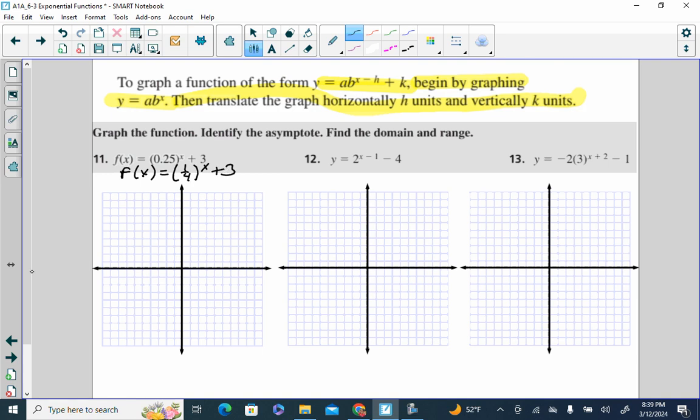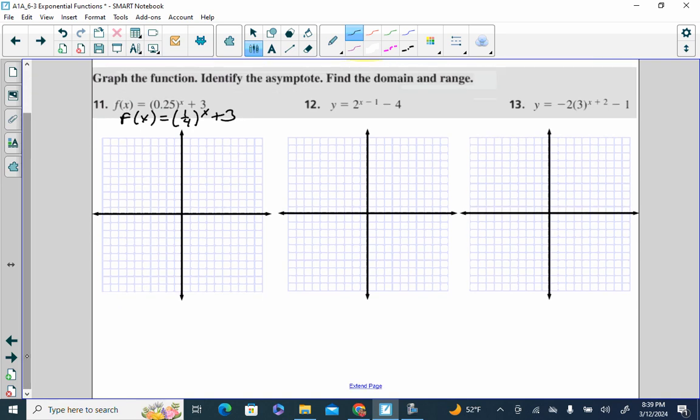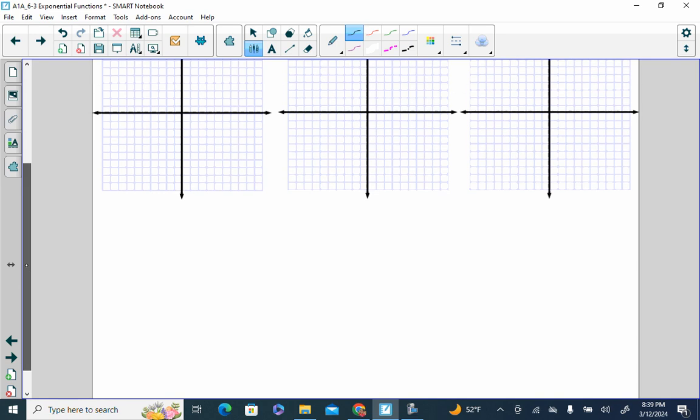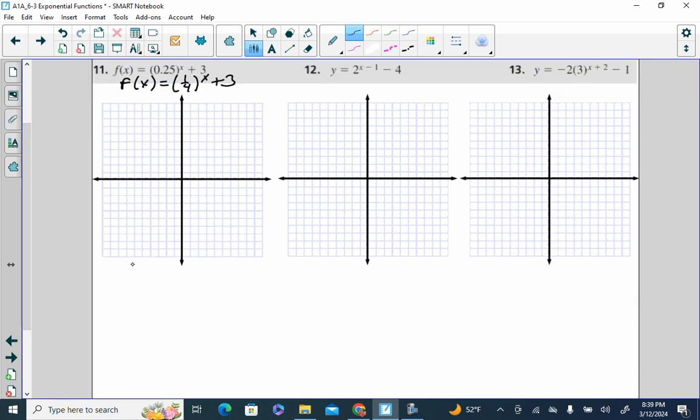We still want to make a table of values for x and y, so I'm going to give myself a little more room. I have a column of x, a column for y, and we're going to use -2, -1, 0, 1, and 2. If we replace x with -2, (1/4) to the -2 is the same as (4/1) squared.